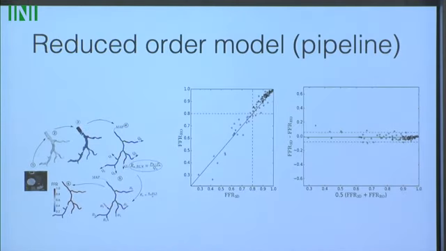Right. And so these are the results where we compare the reduced order model with our 3D model predictions. You might think that you see some discrepancies, which are indeed true.